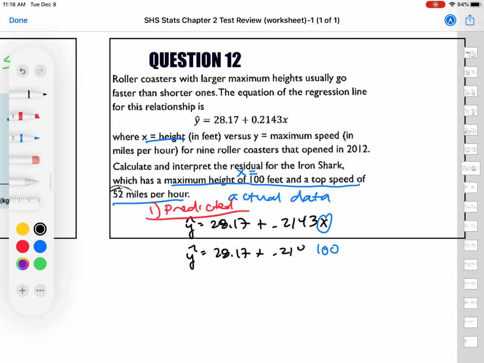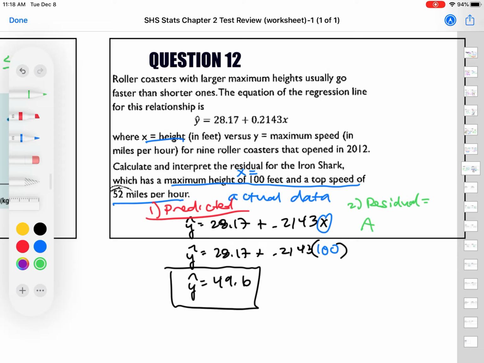Multiply 0.2143 times 100 and add it to 28.17, you will get 49.6 is the predicted. Then we're going to calculate the residual. The residual is A minus P, actual minus the predicted. So the actual for the Y is 52 minus the predicted, which is 49.6. And this gives us 2.4.